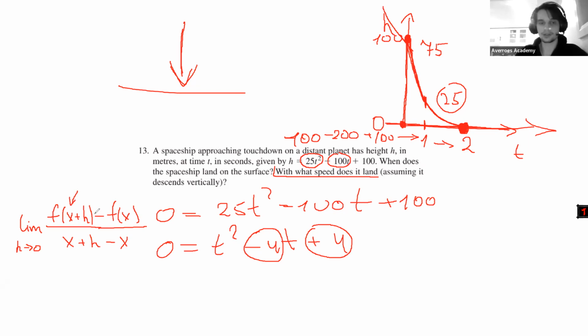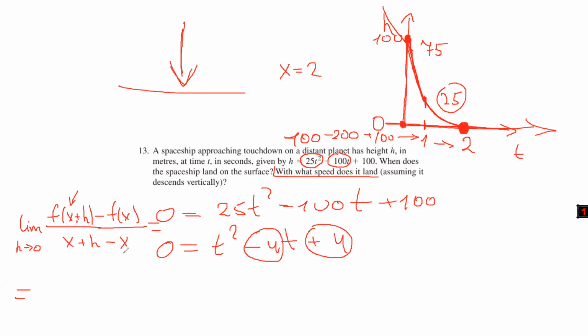Yeah. So just simply use this formula by knowing that the point you're approaching is equal to 2. x equals 2. Oh, so plug in for the x the point we're approaching, so it'd be 2. Yes. Plug in the value of x equals 2.